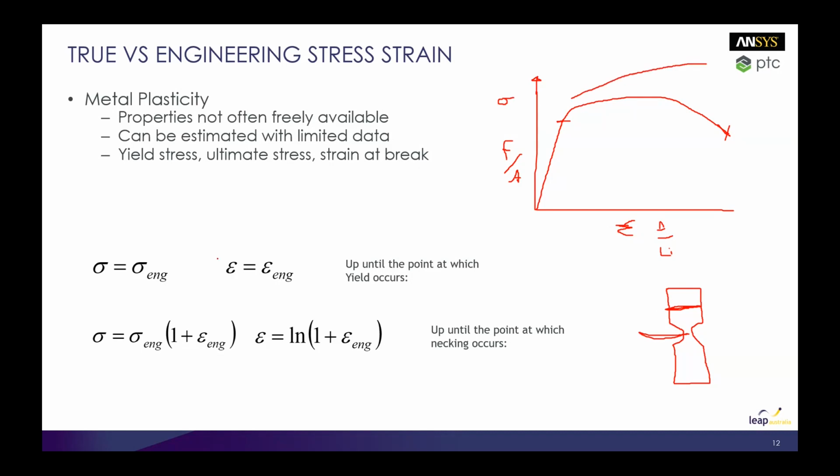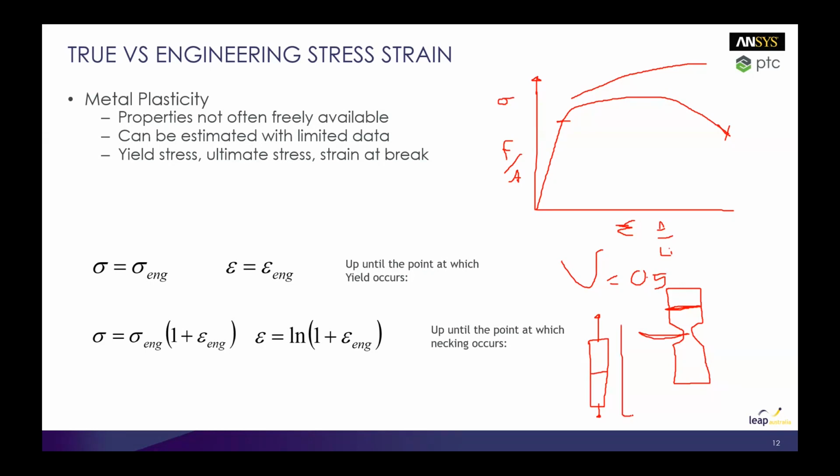When we use true stress and true strain, we basically apply a correction. When you have plasticity, Poisson's ratio is equal to 0.5. So if you have a bar of material and you stretch it, you can very easily calculate the change in area before necking.